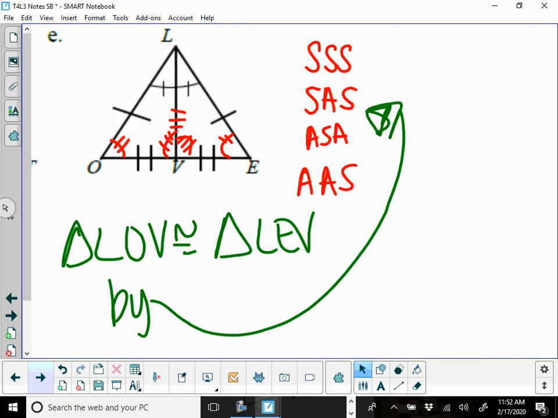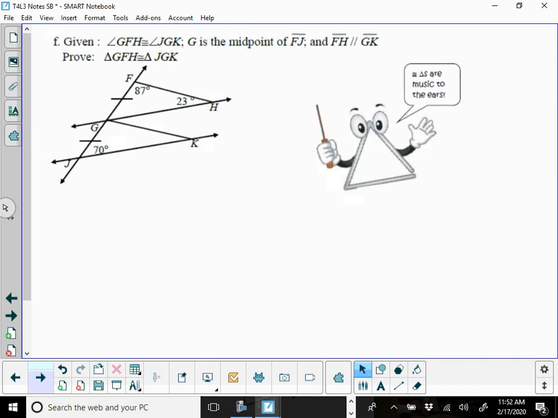All right, last one of these, letter F. This time they have given you that angle FGH is congruent to JGK. So let's see where that is. FGH, that's right here, is congruent to JGK.